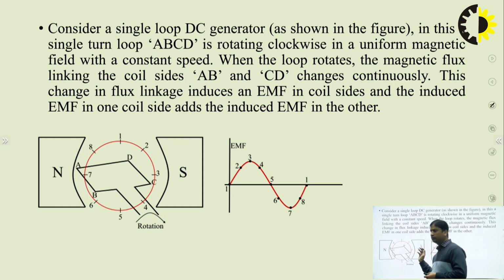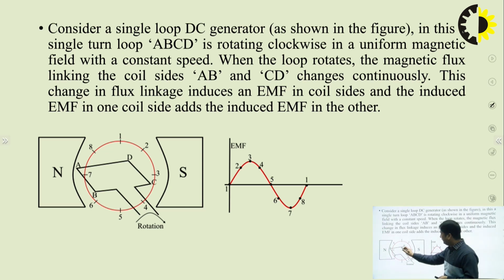Suppose that at position 1, the field and your coil are parallel to each other. So there will be no flux cutting in the armature winding coil, and at this position there will be zero voltage induced.